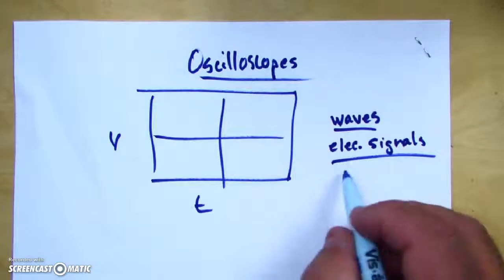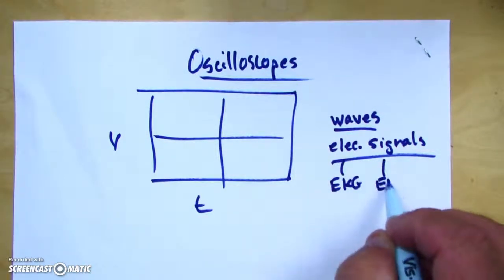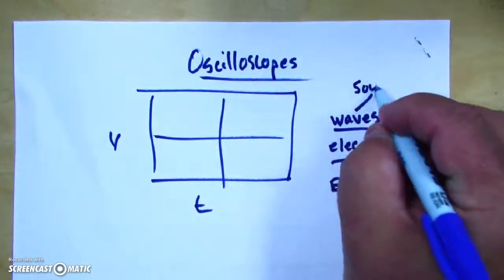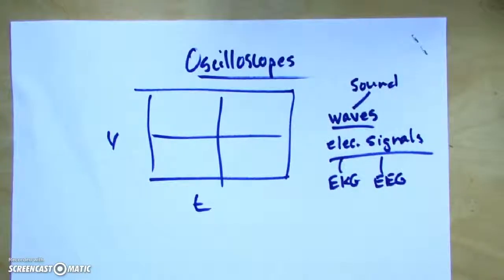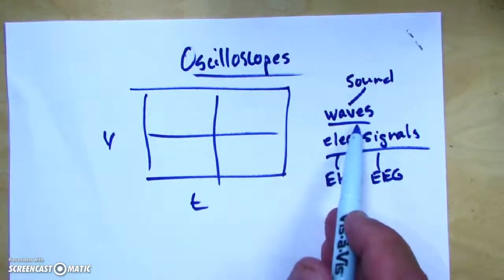In electrical signals, a couple of the common ones we've already talked about: EKGs, EEGs, waves, a lot of sound stuff. Whenever you look at soundboards and stuff like that, and you see things bouncing all over the place, that's actually telling you it's an oscilloscope reading of what it is.